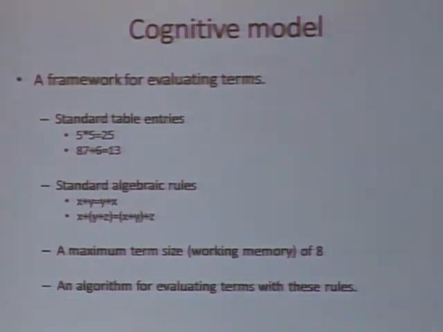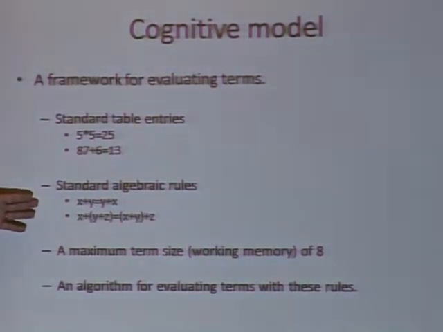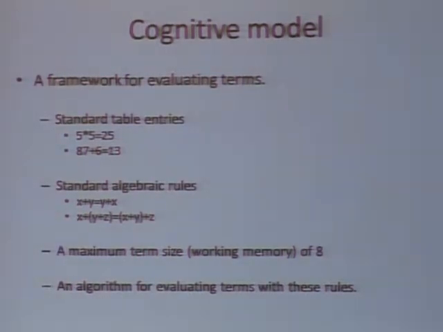And we have a framework for evaluating terms as well, with some standard table entries, some standard algebraic rules, and a maximum term size, which will model the working memory, a primitive version of the working memory. The terms can only have size 8, say. And then we have an algorithm which we use for evaluating the terms using these rules, with the restriction that the width is never more than 8.